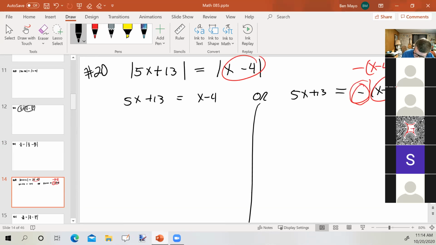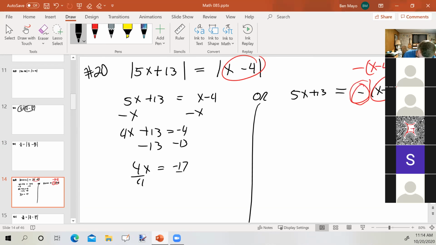So now going back and solving each one, here we're going to subtract x, 4x plus 13 equals -4, subtract 13, 4x equals -17, x equals -17/4.